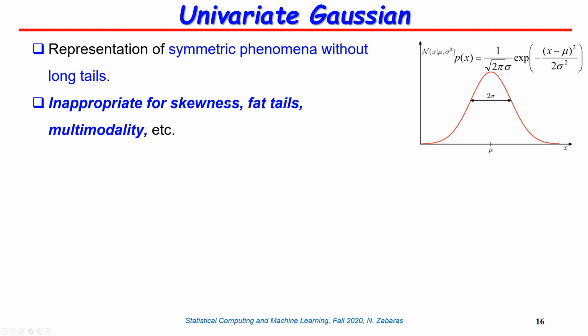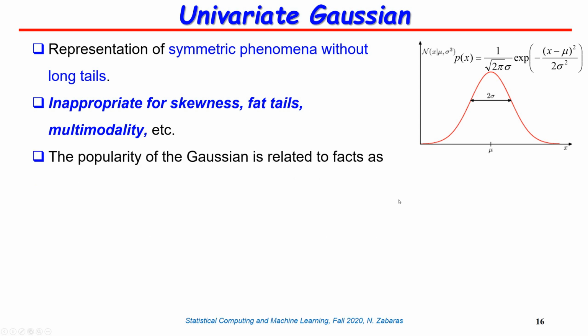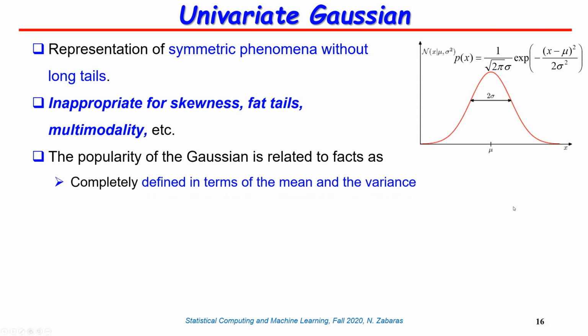So if you have a distribution that is skewed, has fat tails or has multiple modes, you cannot use a Gaussian for that. But why is Gaussian a good distribution to spend lots of time talking about? Well, it's an easy distribution, and even though you notice it has this exponential here, the calculations with Gaussians can be very easy. If you take logs, this exponential will disappear, and we will see that algebra with the Gaussian distributions is almost always very simple.